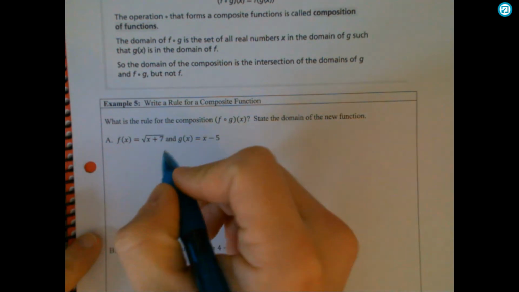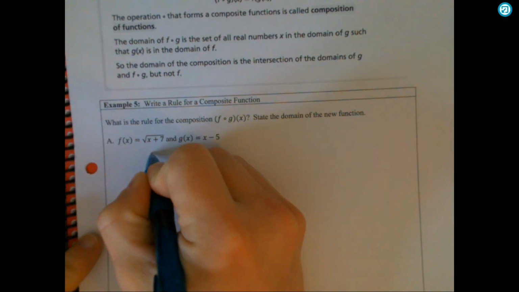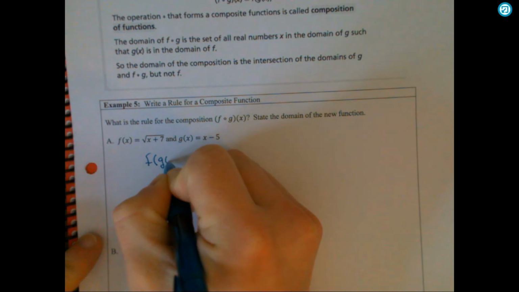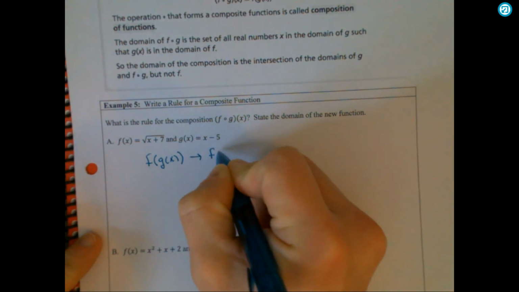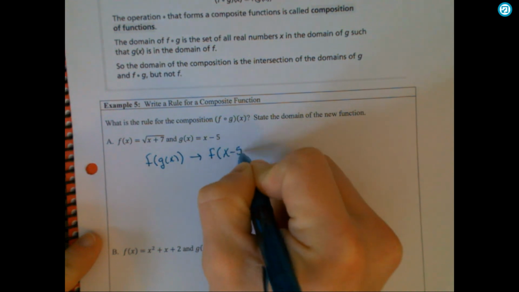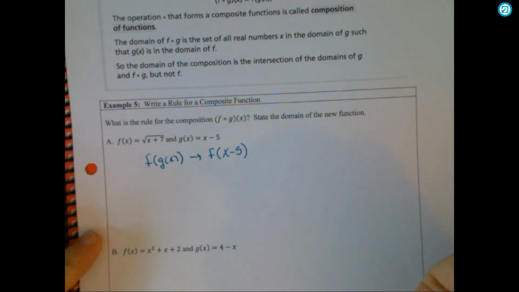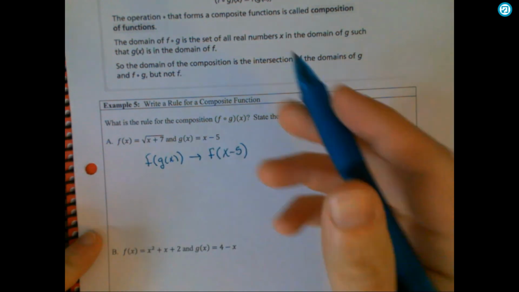So for A, we're going to have f of g of x. So that's the same as f of x minus 5. Okay. From there, you are just plugging in to our square root function.